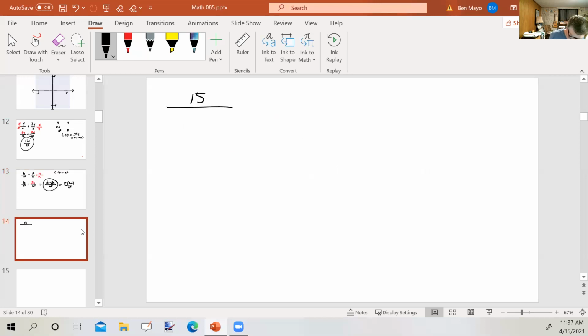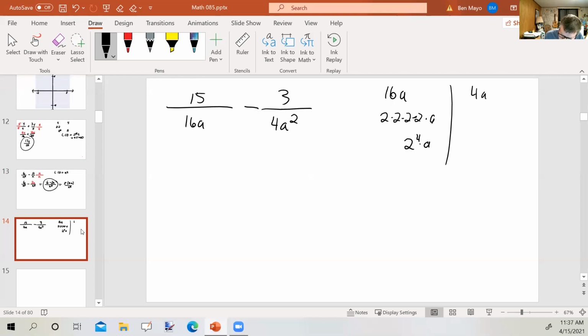15 divided by 16a minus 3 over 4a squared. 16a would be 2 times 2 times 2 times 2 times a, or 2 to the 4th times a. 4a squared would be 2 times 2 times a squared, or 2 squared times a squared.